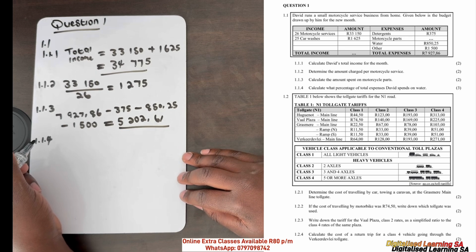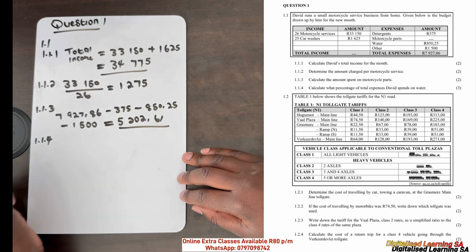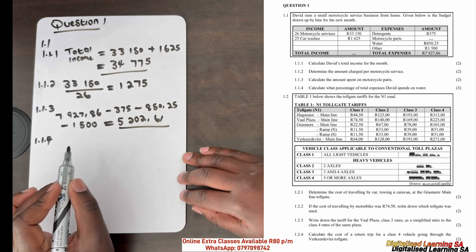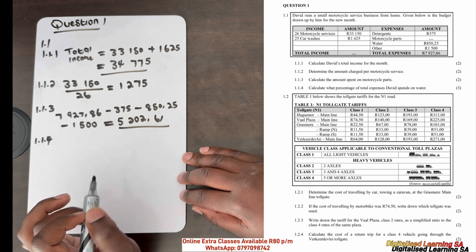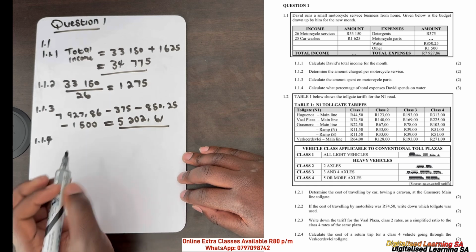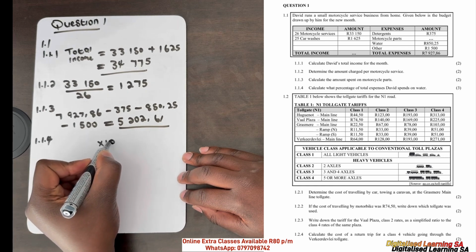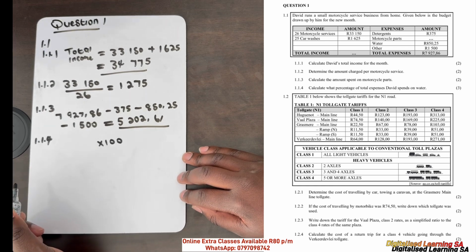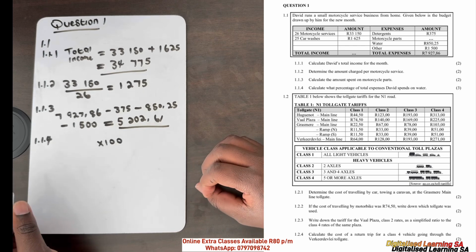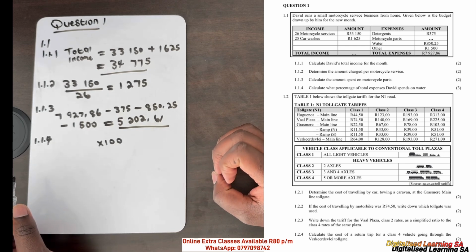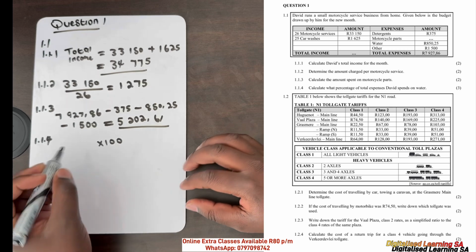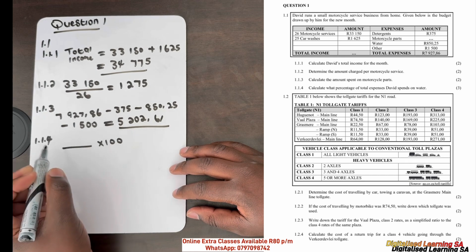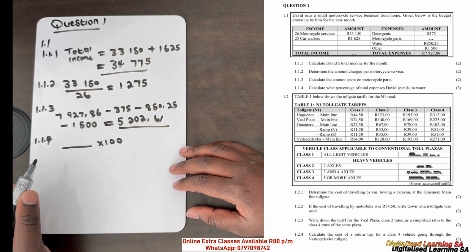Here we are told that we need to calculate a percentage, and always remember that if we are calculating a percentage, we always need to multiply by 100, so that the answer we get is in percentage form. Basically they are asking, of total expenses, what percentage did David spend on water?